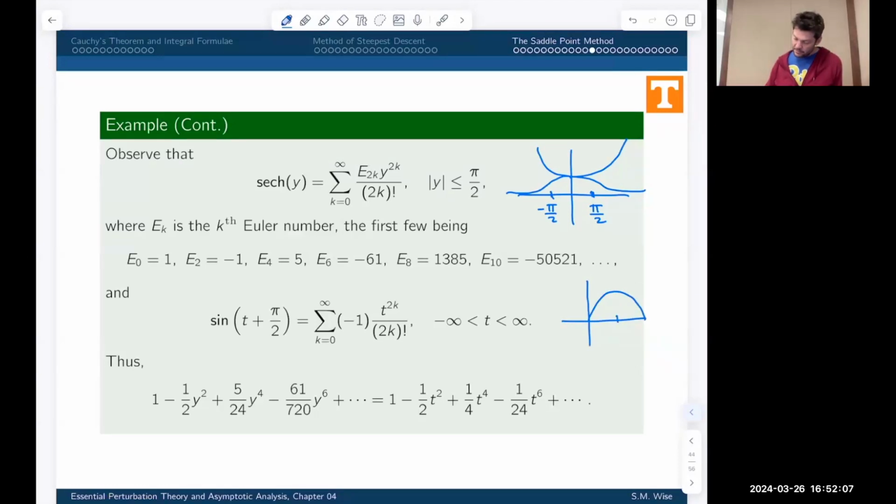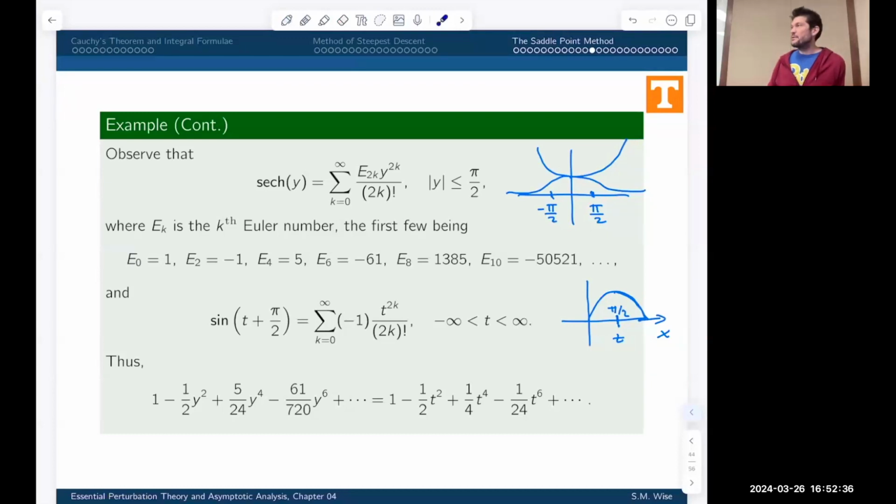And so here's x. No, let's see. What am I saying here? This is x, right? So my t coordinates are here. So this is pi over 2. So basically, this function is also an even function, right? Well, it doesn't go down forever, but you get the idea.